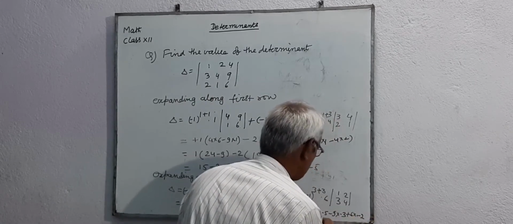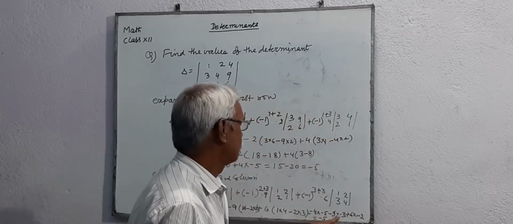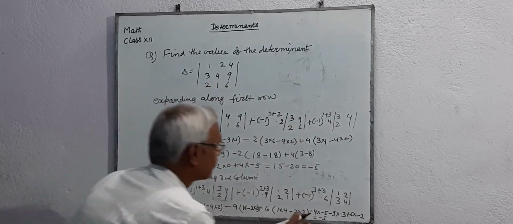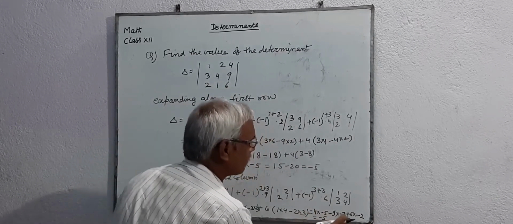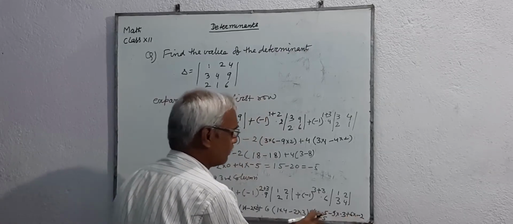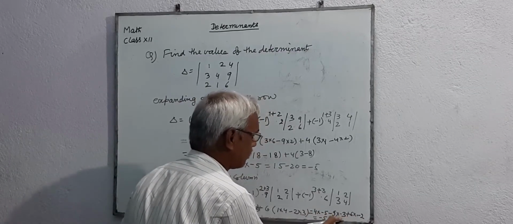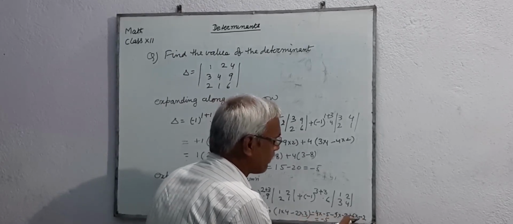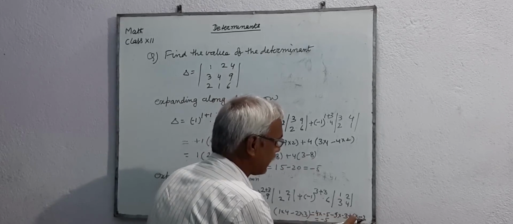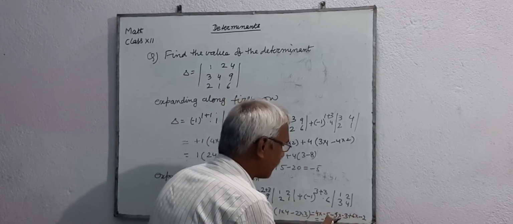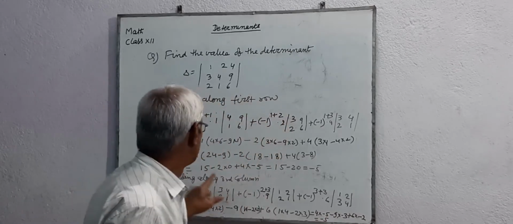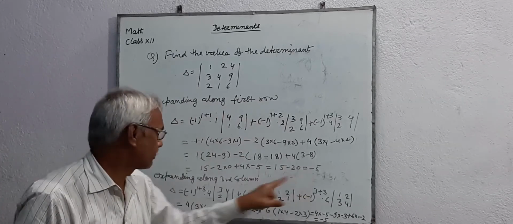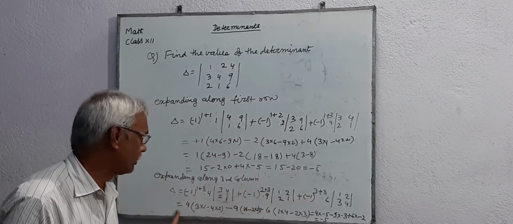We get minus 20 plus 27 minus 12, that is minus 32 plus 27, equal to minus 5. We get expanding along the first row, determinant is minus 5, expanding along the third column, determinant is minus 5.